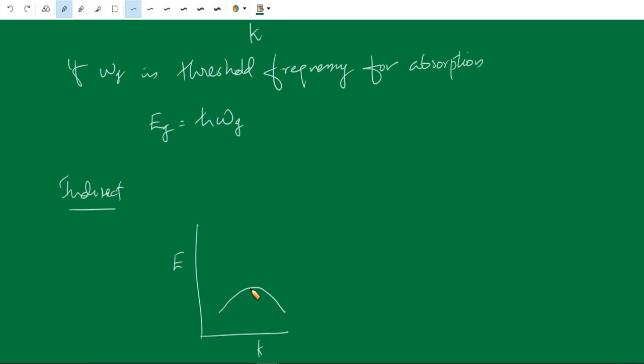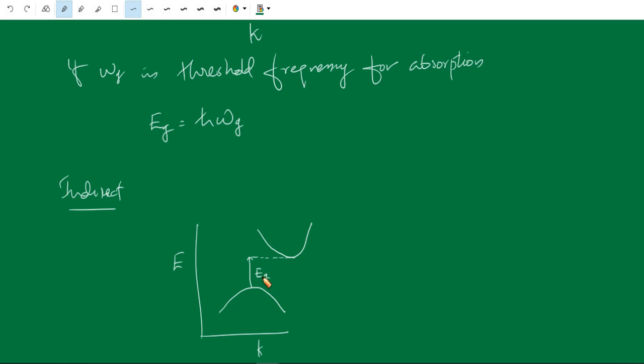Here this is the valence band, and here the conduction band edge comes here. So this is the minimum energy difference between the valence band and conduction band edges, and this is equal to Eg.